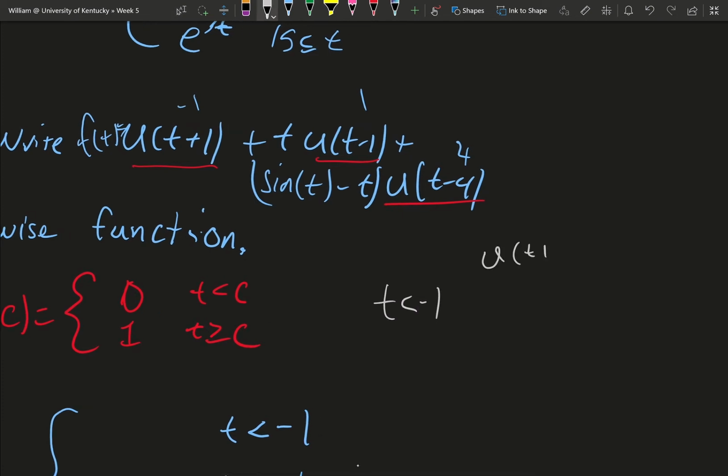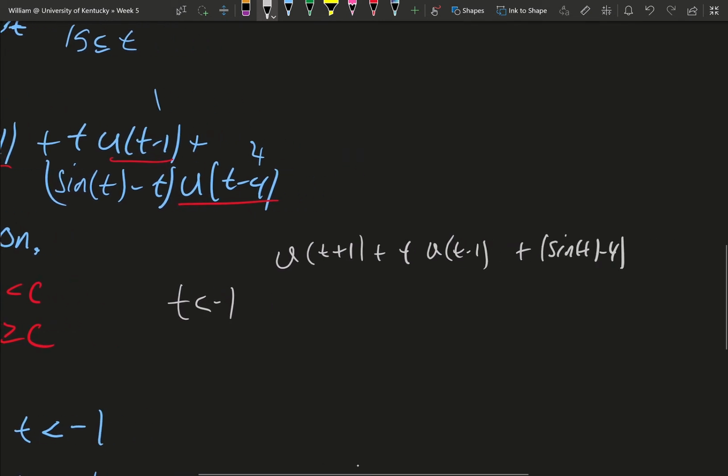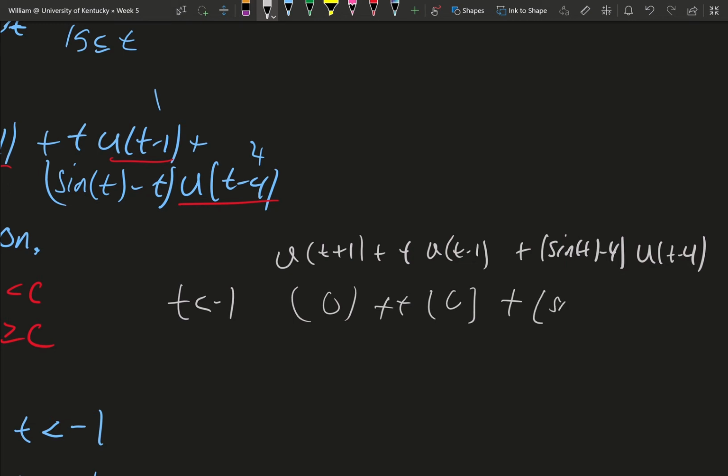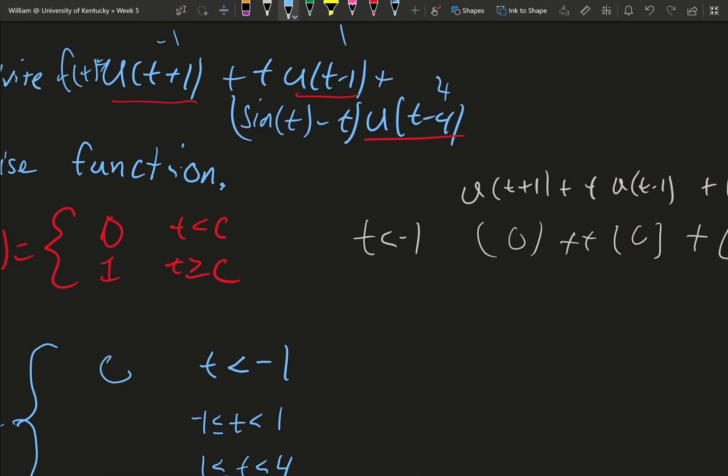So f of t equals u of t plus 1, plus t times u of t minus 1, plus sine of t minus t times u of t minus 4. Okay, if t is less than or equal to -1, we're going to have 0 plus t times 0 plus sine of t minus t, again times 0. So our answer is just going to be 0. So if we're less than -1, our function is going to be the 0 function.